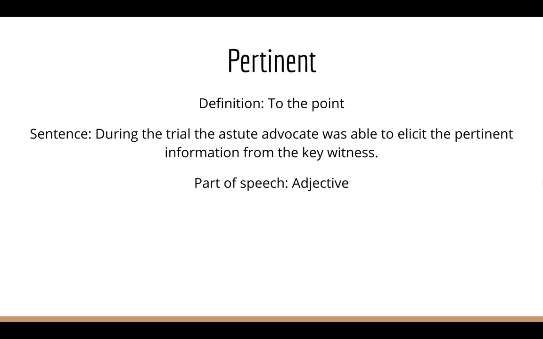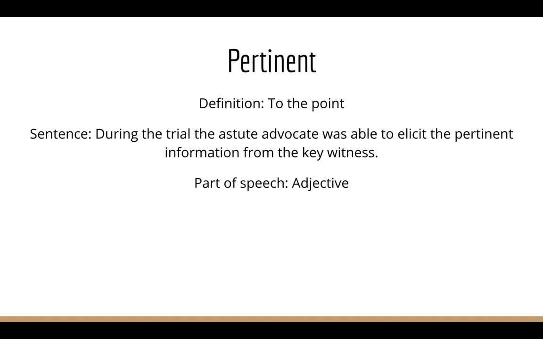Okay, again. During the trial, the case trial, the astute. We did astute before. Astute is keen and shrewd. Correct. And advocate is a lawyer or person who supports a point of view. In this case, it's a lawyer.